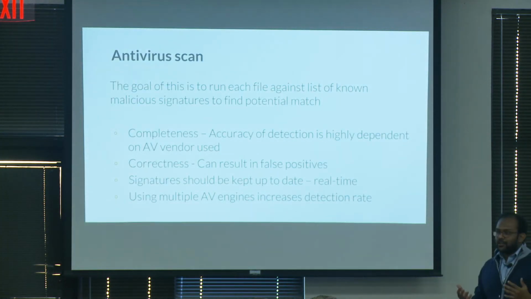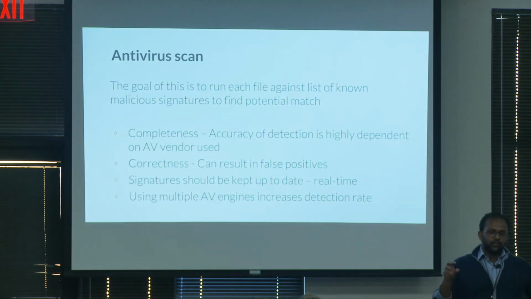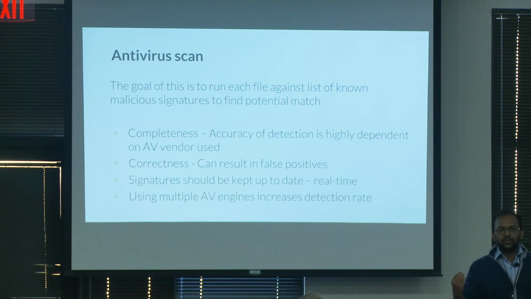And then the traditional antivirus scan, I'm sure you're all aware of this technique. There are quite a few drawbacks with the way AV engines work. There are a lot of positives, obviously, that's the reason we use it. But if you think about the completeness of detection, meaning how many files an AV engine would detect, it varies across different AV engines.